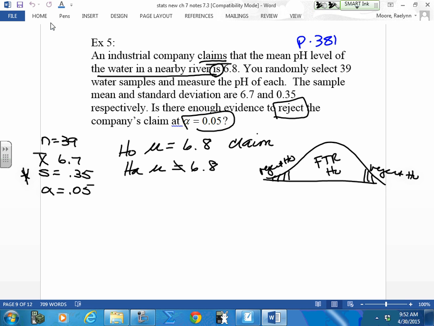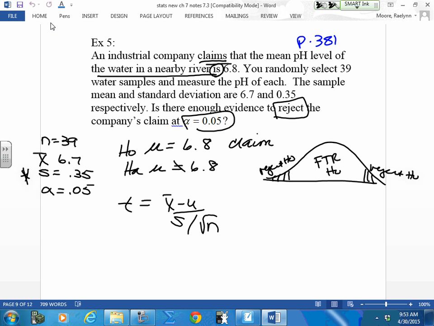That's the only difference between your z and your t. It looks almost exactly the same, except it uses the sample standard deviation. The only other difference is finding your cutoff: you find it off table 5 instead of table 4. Everything else is pretty much the same.